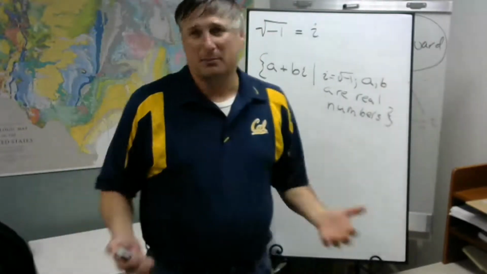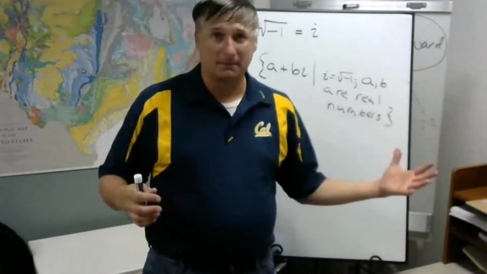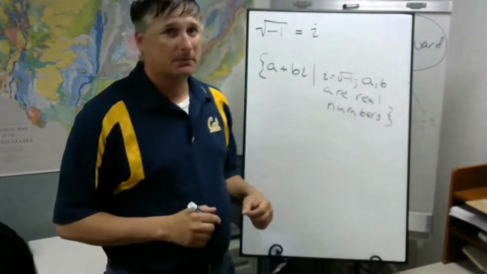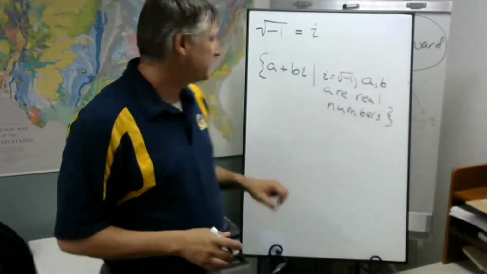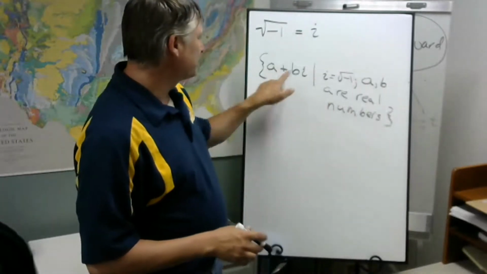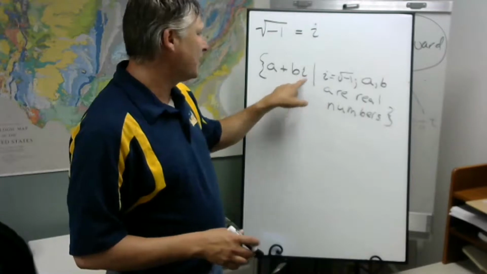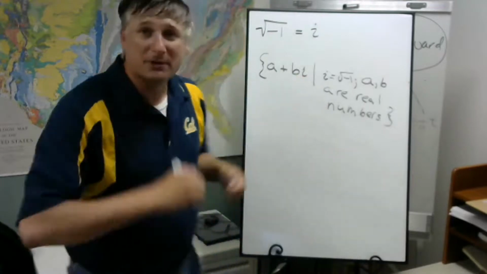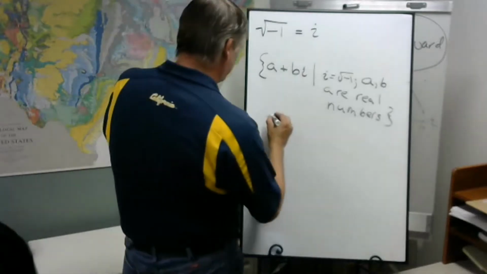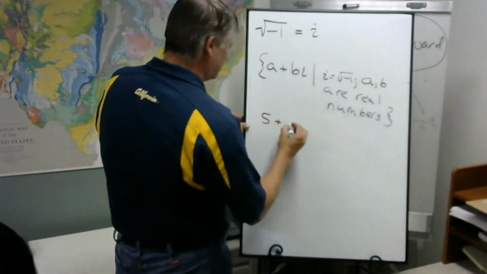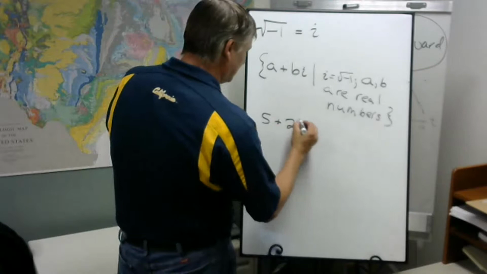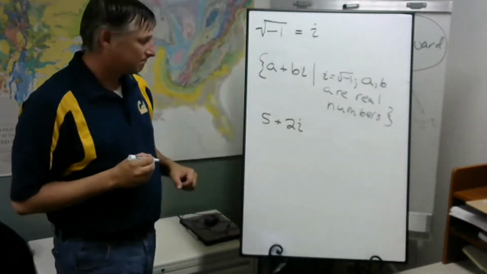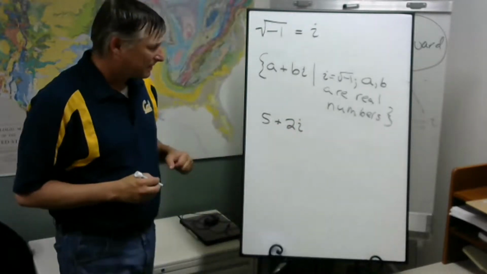So now we're getting something even beyond that, and that's the complex numbers. And what we do for complex numbers is we take a couple real numbers, and then we attach an I to one of them, adding them together. So for example, a complex number, we could take a real number like 5 plus 2 times I. That's a complex number.